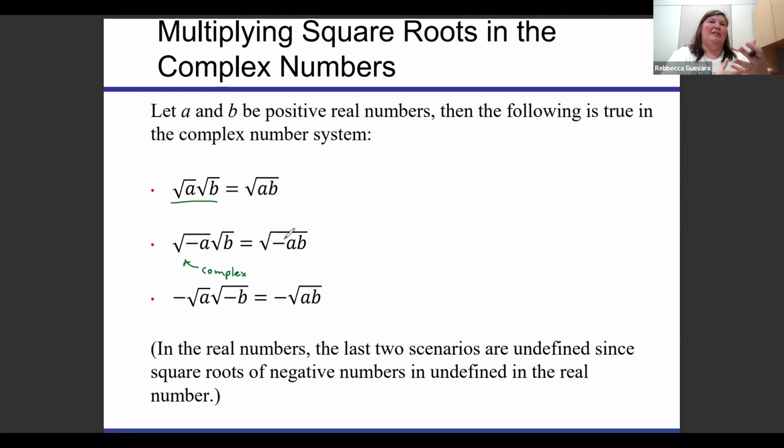We'd have that negative a times b now. I think that one's a typo. That should be the negatives in here. If we have two negatives underneath and we multiply them together, then that negative got pulled out front.